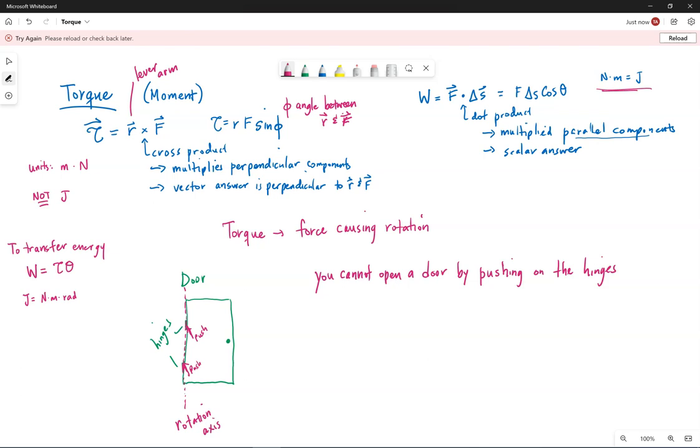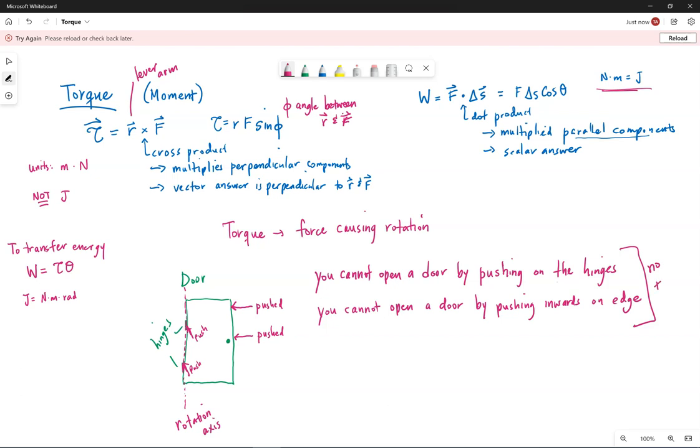Okay, another way we cannot open a door is by pushing inwards on the edge. Meaning if I came to this other edge of the door and I just pushed on the edge inwards towards the hinge, if I push that way, I will not open the door or close it. I will not cause the door to rotate.